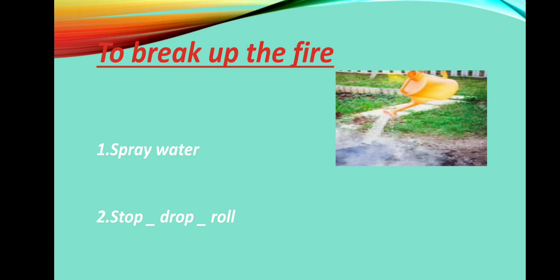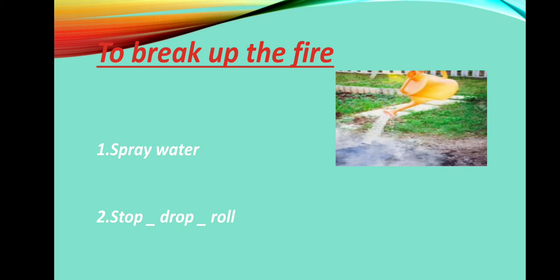While you are watering, the ignition point is reduced. Ignition point means the temperature at which the fire catches. So while we are watering, what happens to the ignition temperature? It will reduce. So automatically the fire triangle breaks and the fire goes off.